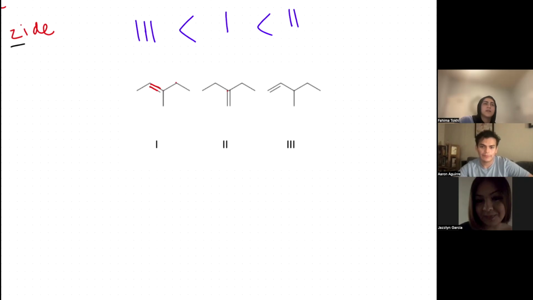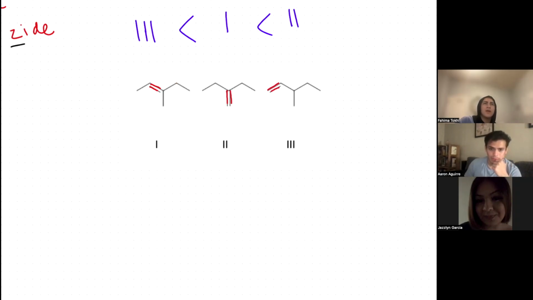Basically, the two carbons that are making up the double bond, don't count those. But anything connected to those two carbons counts. So it would be this one.